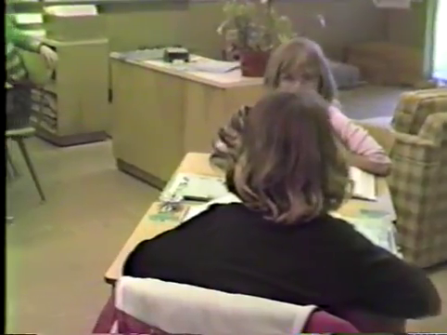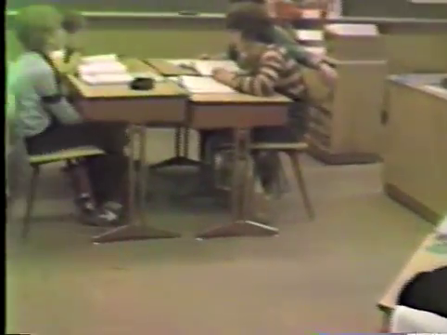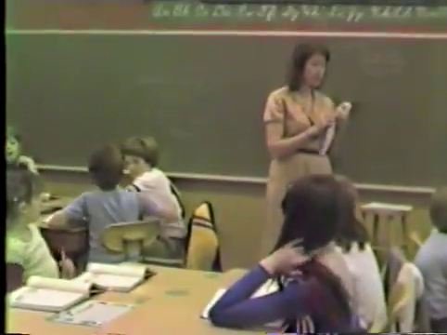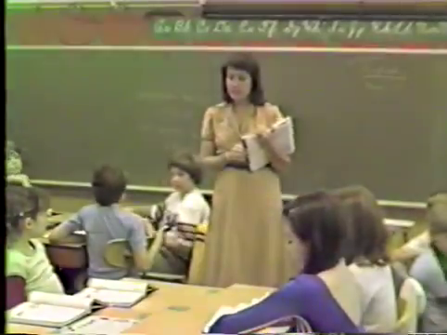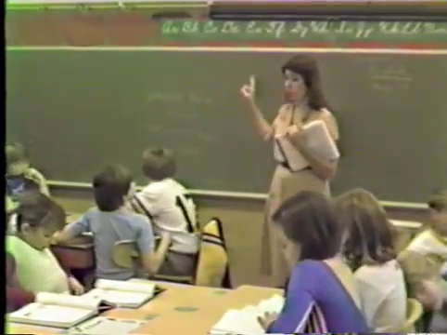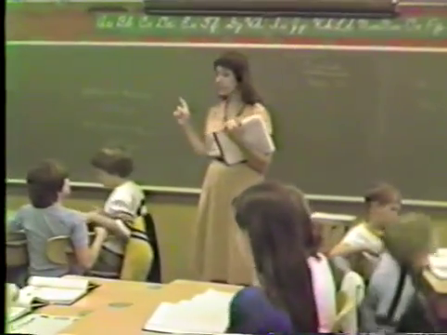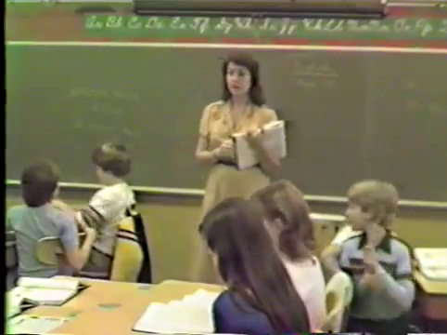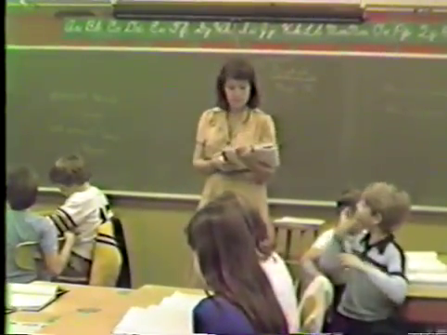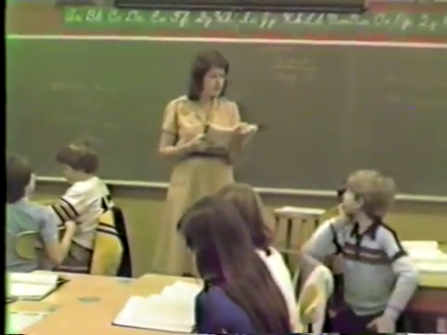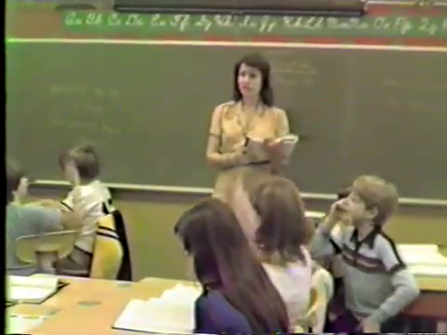Okay, boys and girls, let's go ahead and I'm going to read the sentences. I'm going to read the sentences to you, and let's use our same signal of one finger if it's present tense and two fingers if it's not present tense. Okay? My family visited Lapland last year.